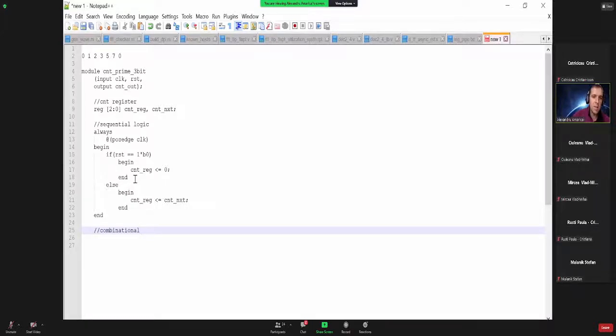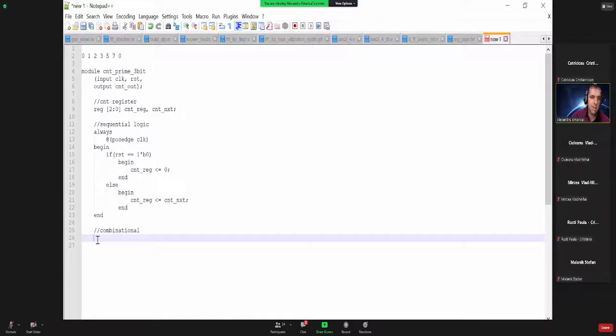So this combinational part actually will compute the input for the sequential part. Okay, so the input for the sequential part is count next. Yeah, and where do you determine count next? In the combinational part.